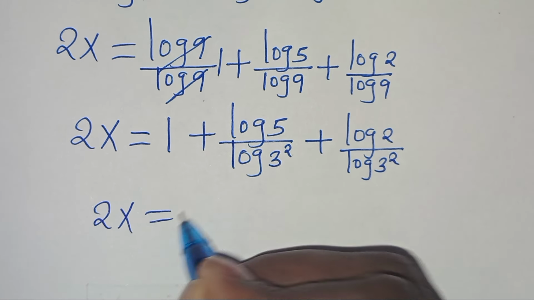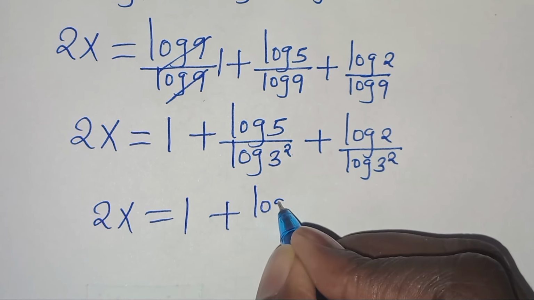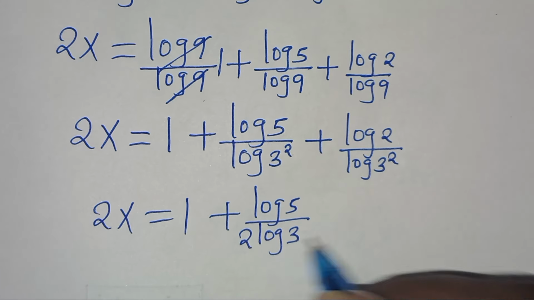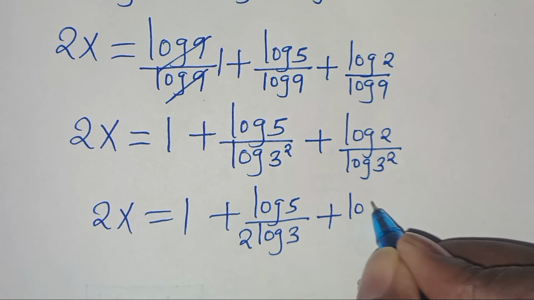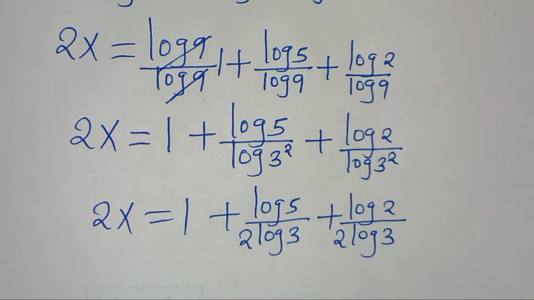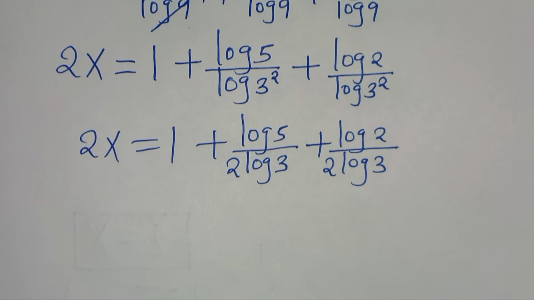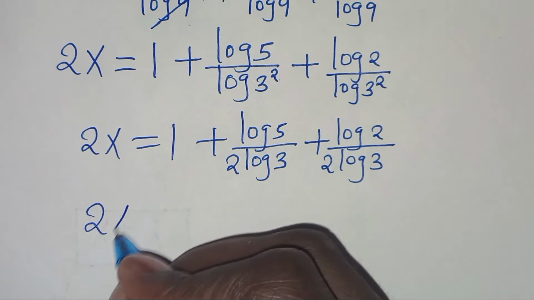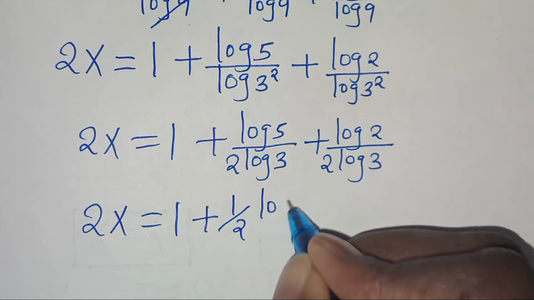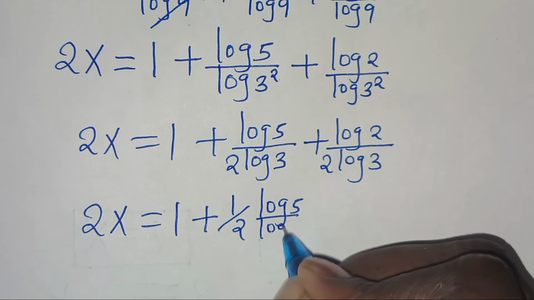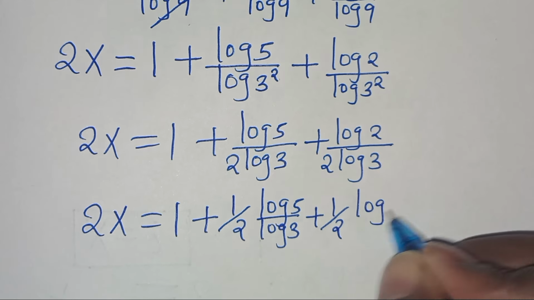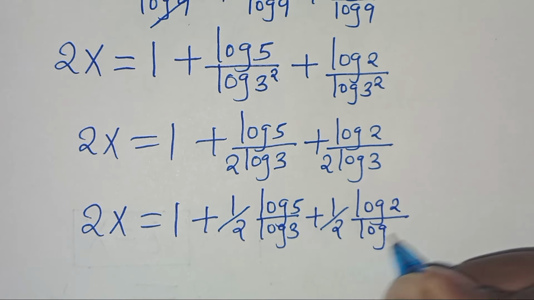This actually becomes log 5 divided by 2 log 3 plus log 2 divided by 2 log 3. So that now we have 2x is equal to 1 plus a half log 5 divided by log 3, then plus a half log 2 divided by log 3.